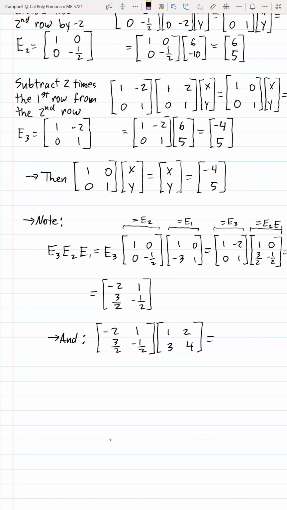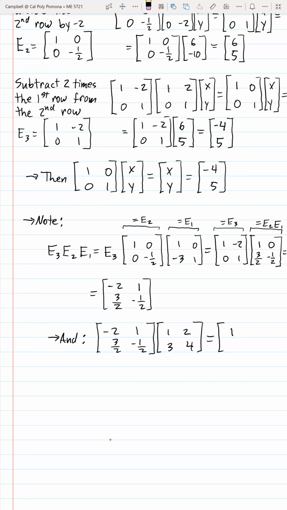And what do we get? And of course, this won't be a surprise. We're going to get the identity matrix, but let's just check it out. We get negative 2 plus, so for the first row of my products of the elementary matrices, I get negative 2 times 1 plus 3 times 1.